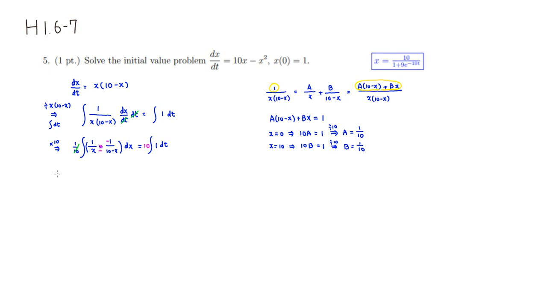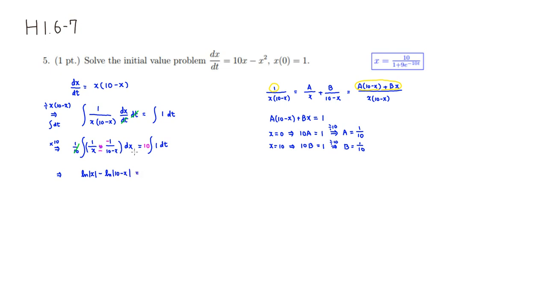Alright, so the antiderivative of 1 over x is natural log of absolute value of x, minus the antiderivative of -1 over 10 minus x, which would be natural log of absolute value of 10 minus x.